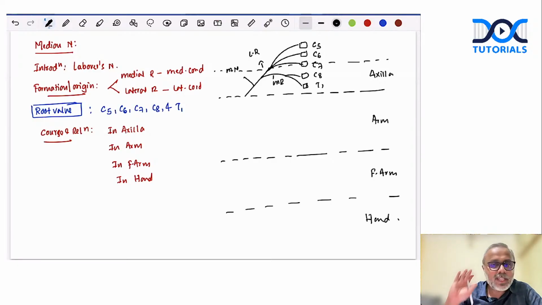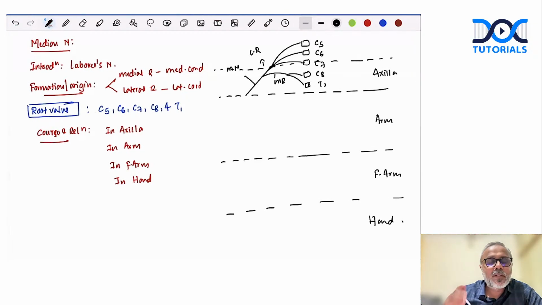So in the axilla, what are the important relations you are mentioning? The median nerve arises as lateral root and medial root, which will unite in front of the third part of the axillary artery to form the trunk of the median nerve. This is what we need to mention in the axilla. Then, what about the arm?